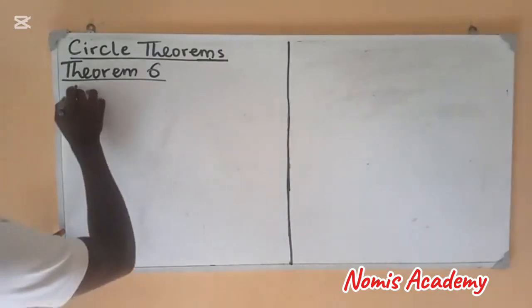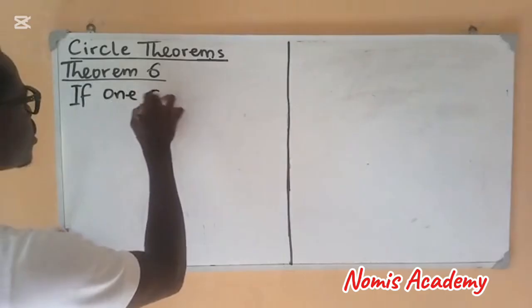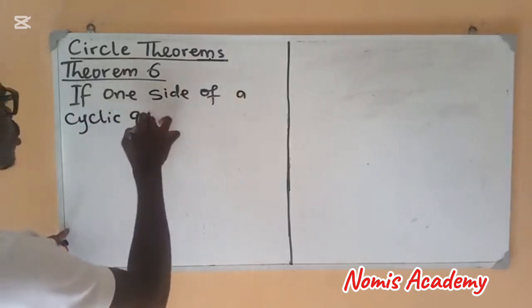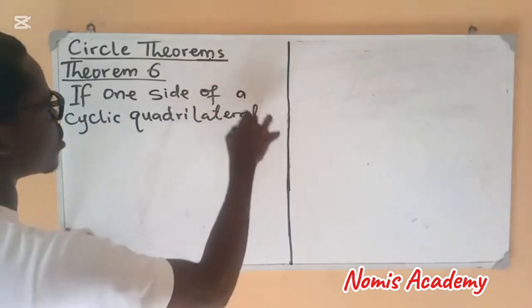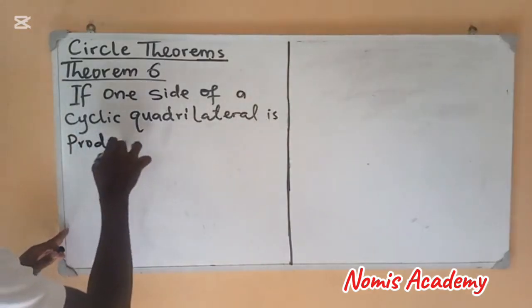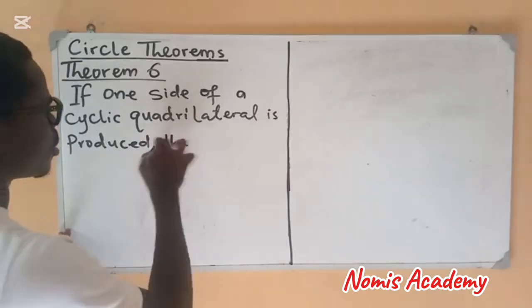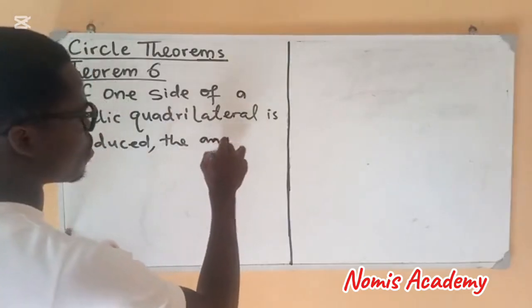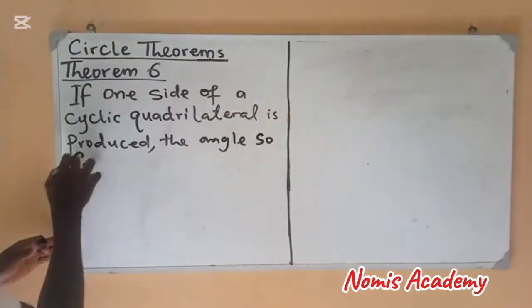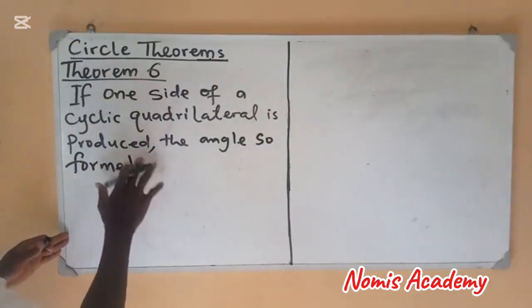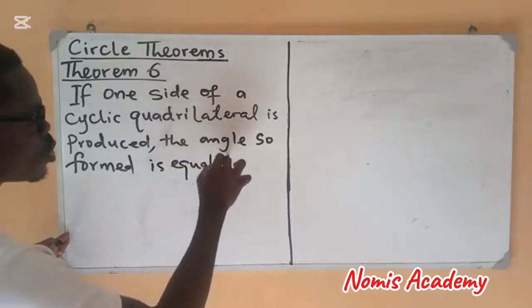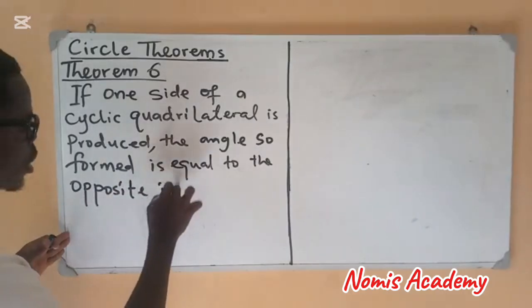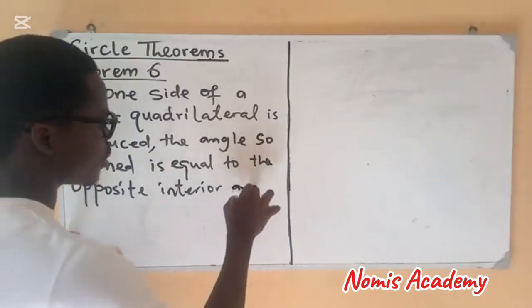It says that if one side of a cyclic quadrilateral is produced, the angle so formed is equal to the opposite interior angle.